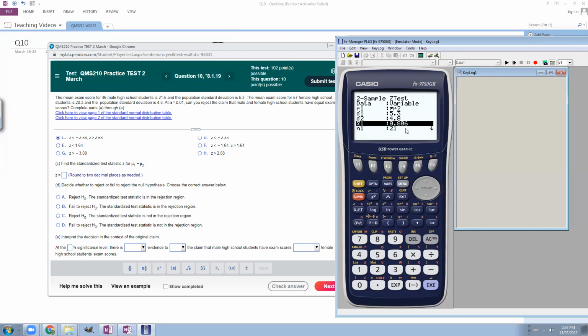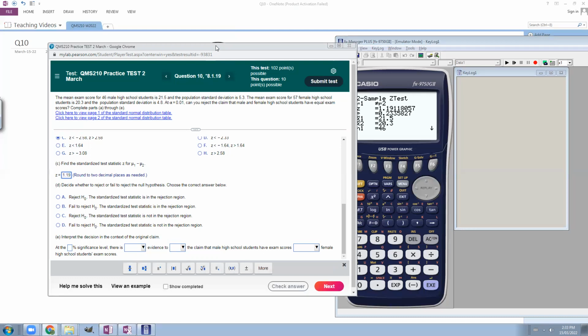The sample mean for males is 21.5 and there were 46 of those. And then the sample mean for females is 20.3 and there were 57. And then we just run it. We get our test statistic is 1.19.